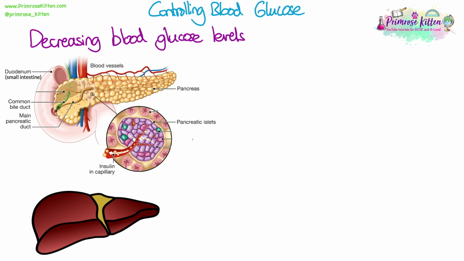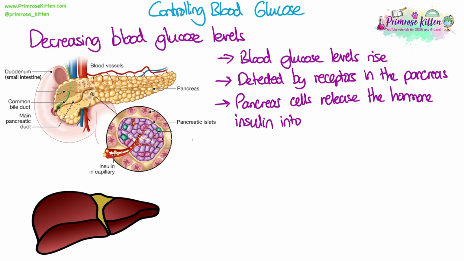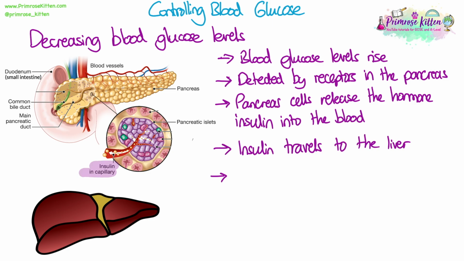Decreasing blood glucose levels. So first of all, blood glucose levels in the body rise. This probably is because you've just eaten some food. The increase in blood glucose is detected by receptors in the pancreas. So the pancreas cells release the hormone insulin into the blood. The insulin travels in the blood to the liver.